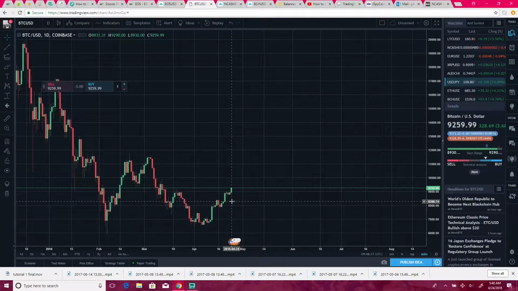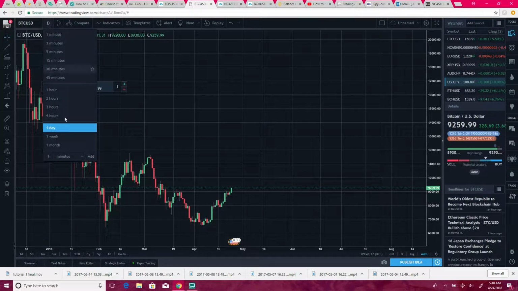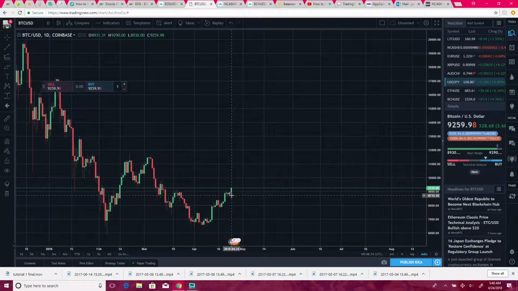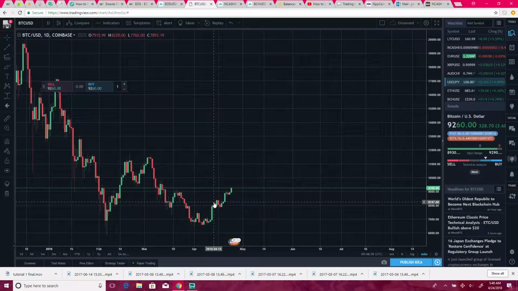Each candlestick represents one time period depending on whatever time period we set. So next to the pair, we see that this is the 1 day time period, which means that each one of these candlesticks represents 1 day. Each candlestick is 1 day.